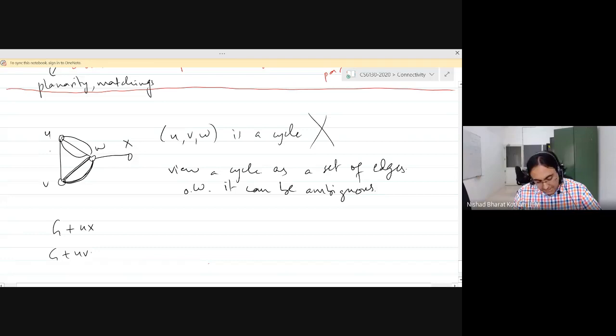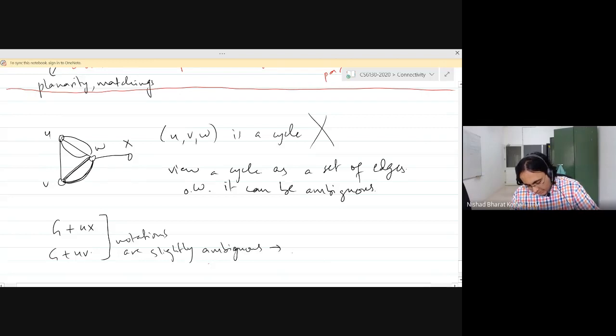In this case, my interpretation is you add another edge joining the two vertices. And if I say G minus uv, then if there are parallel edges, you remove one of the edges. So you also have to be careful. These notations are slightly ambiguous, and so they need clarification. You need to clarify what these notations mean.